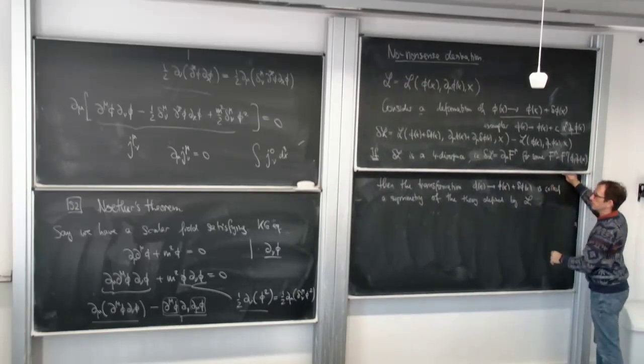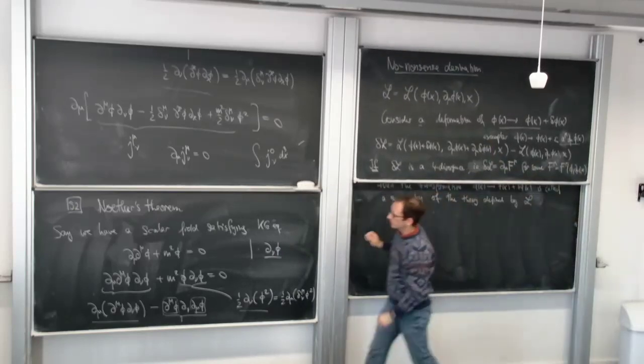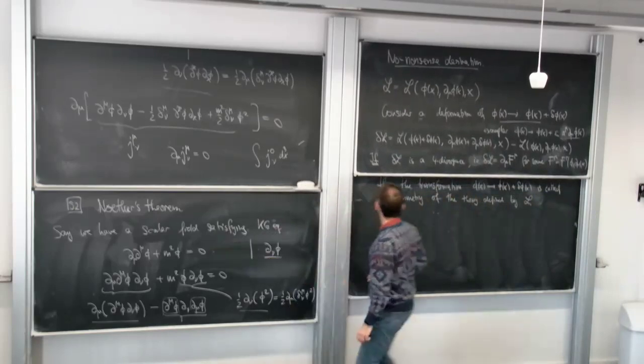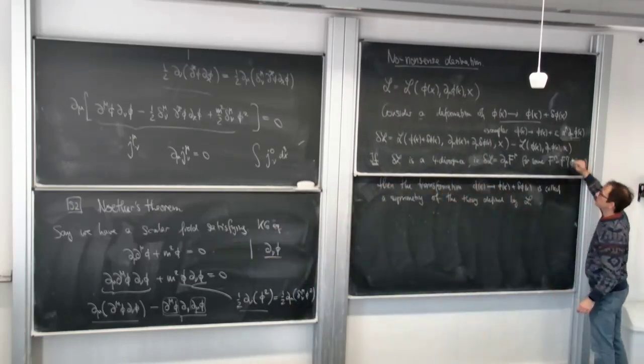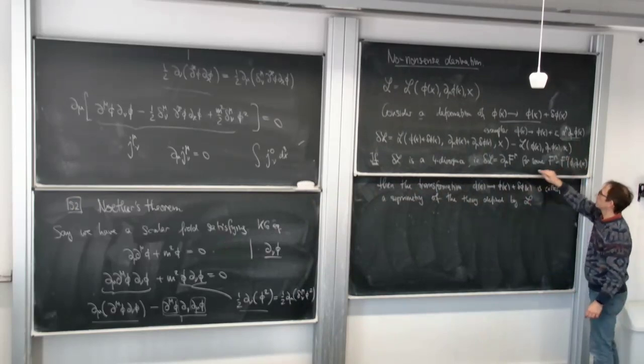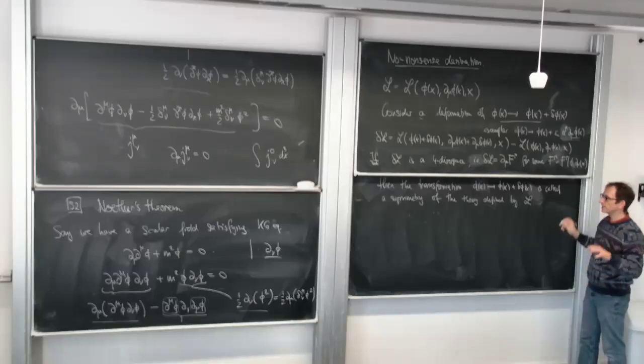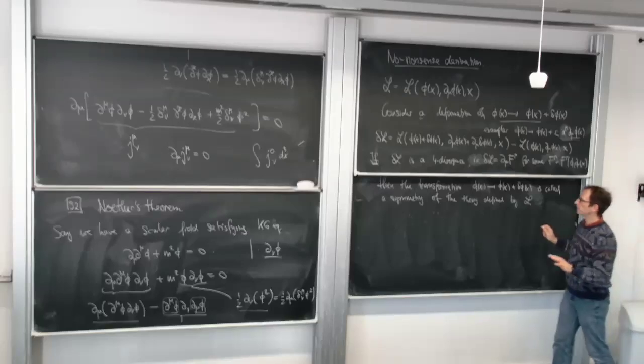How did my sentence start? For this theory, the Lagrangian, where I pick this as an example, it will be a four divergence, and then this is a symmetry. And if that's the case, then the following works.